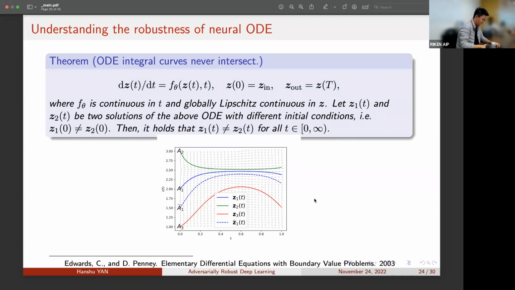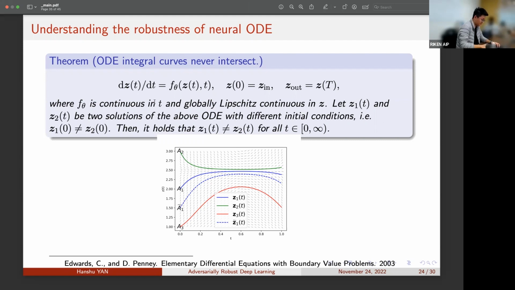Here, the natural question is why it may be more robust than CNNs. Here we provide an intuitive explanation for the 1D and 2D case. For the high dimensional, higher than 3D case, it is still an open question, but we can still get some insights from the 1D and 2D case. Here's a classical theorem: the ODE integral curves never intersect.